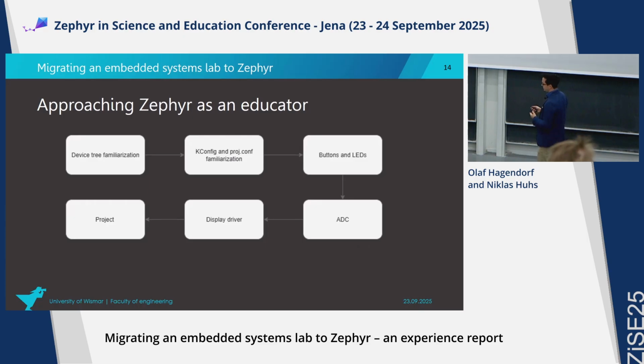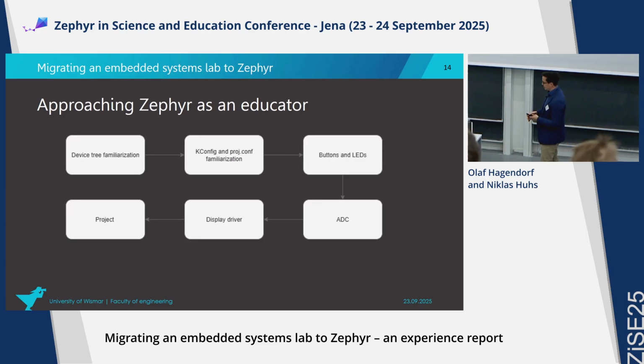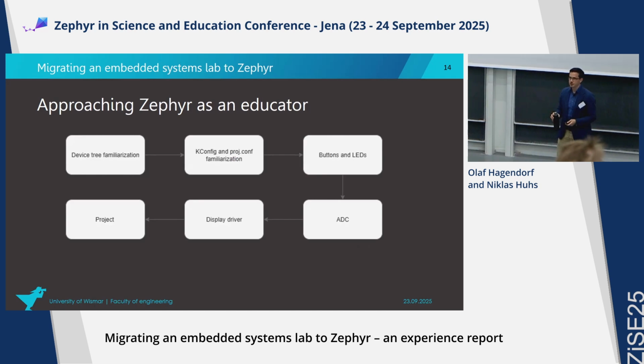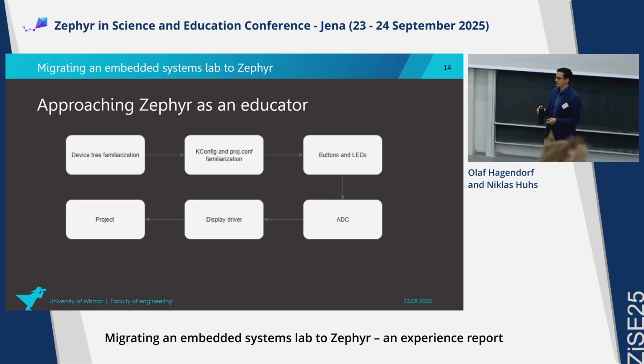Then we made them familiar with the device drivers, because we didn't have a device driver for the display we were using. We had to adapt one, which was a good example and a good practice as well. And in the end, we gave them a project to solve as also a part of their final grade.